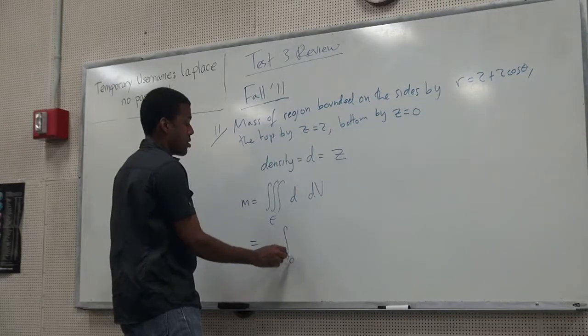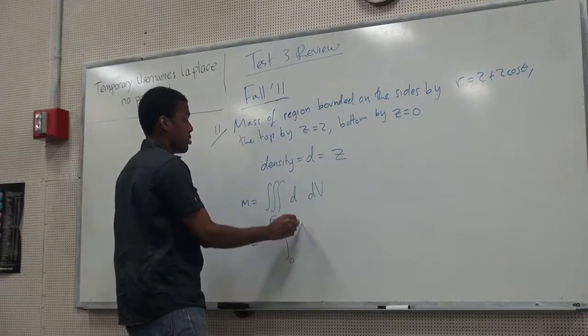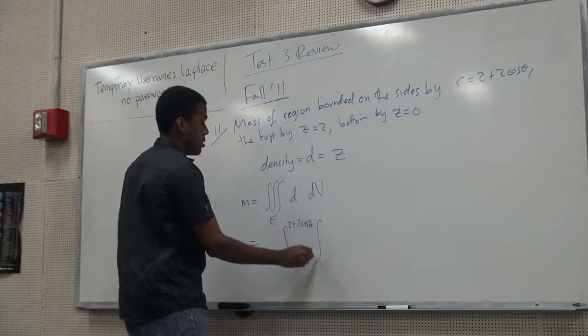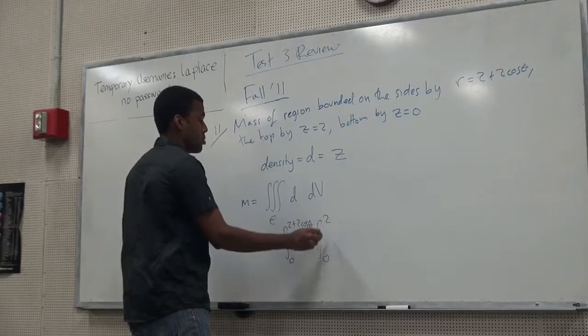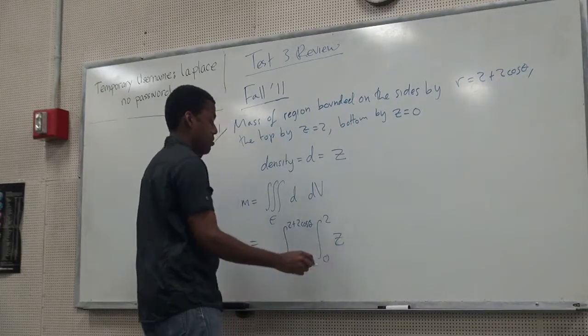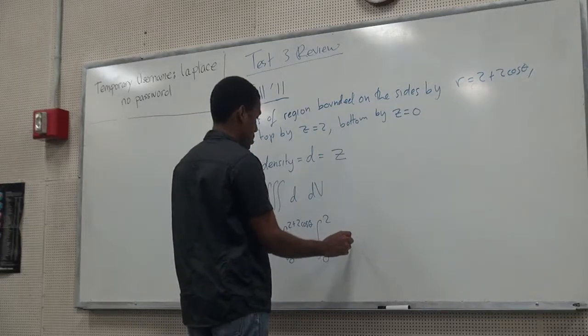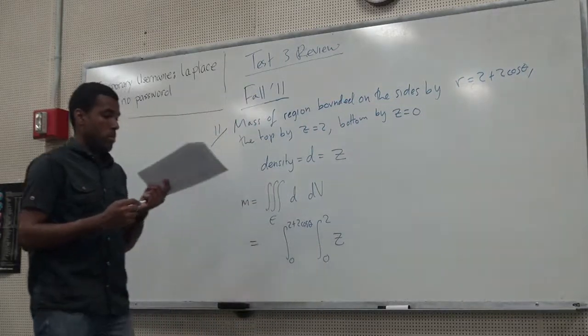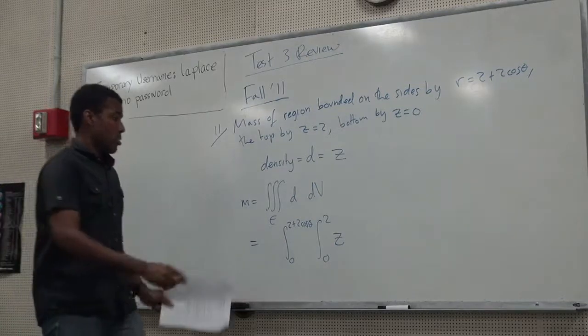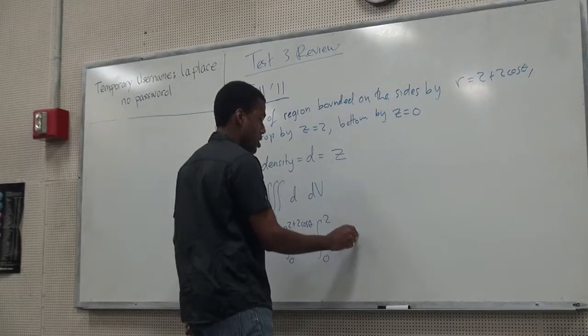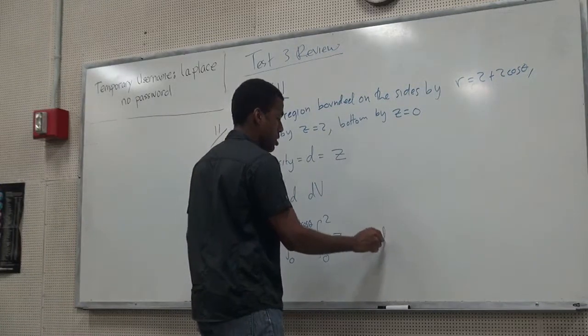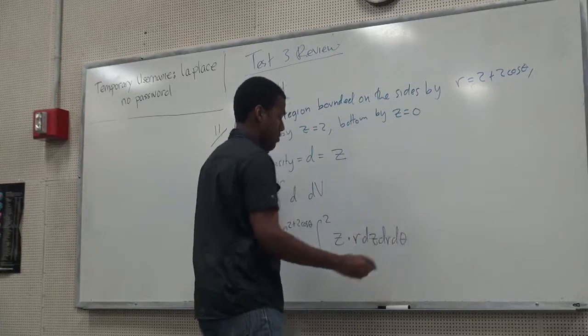So we actually know what r is. That's just 0 to 2 plus 2 cosine theta. The z is just 0 to 2. D is just z. And what else are we doing? So this is times r dz dr d theta.